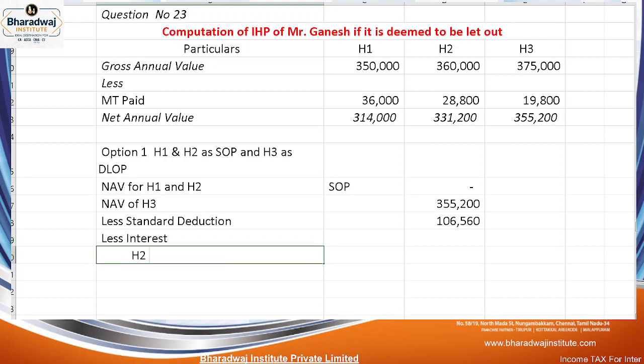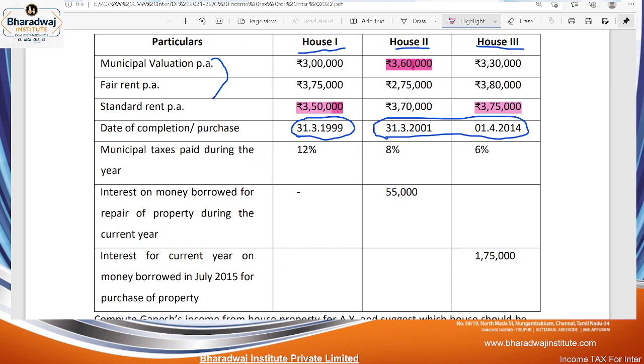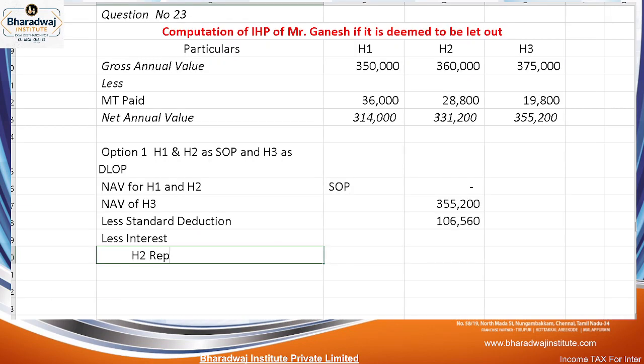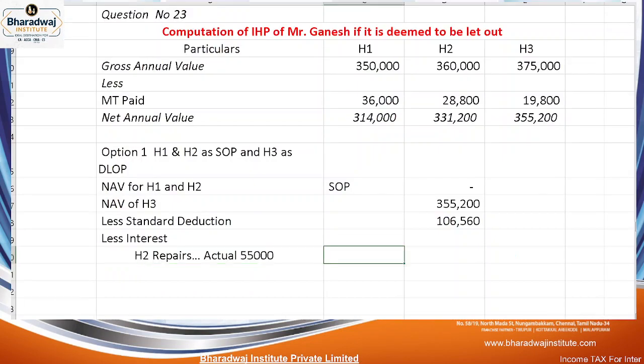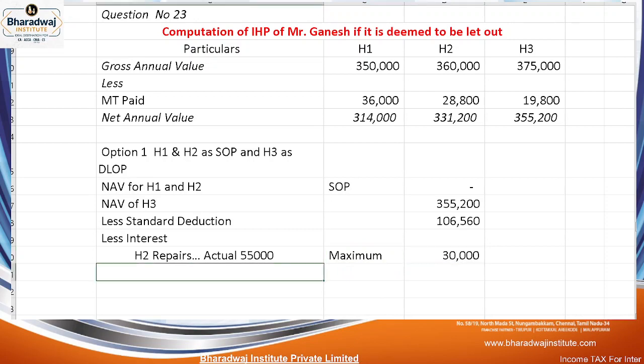Look at house 1, there is no interest. House 2, taken for repairs, actual is 55,000. If the loan is borrowed for repairs, it is restricted to a maximum of 30,000. Self-occupied portion maximum 30,000. House 3, no problem.